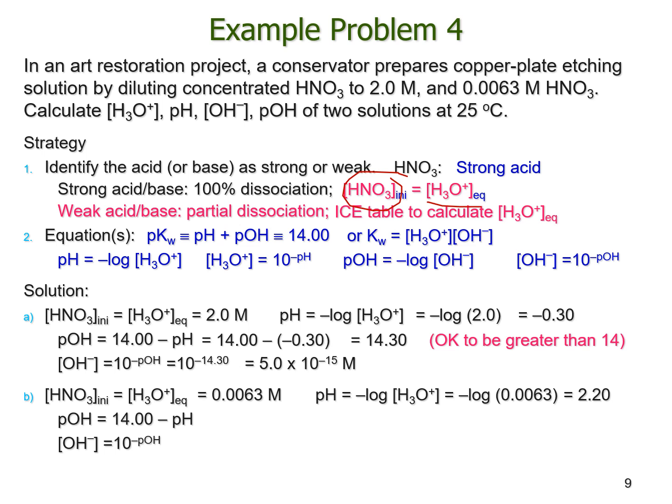For some strong acids or bases, it's okay for us to have a value that's negative or a value greater than 14. So that's perfectly okay. All right, so pH is 2.20. So pOH is going to be 11.8. So OH minus is 4.6 times 10 to the negative 12 molar.